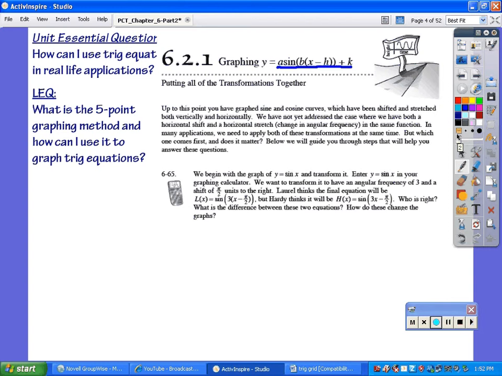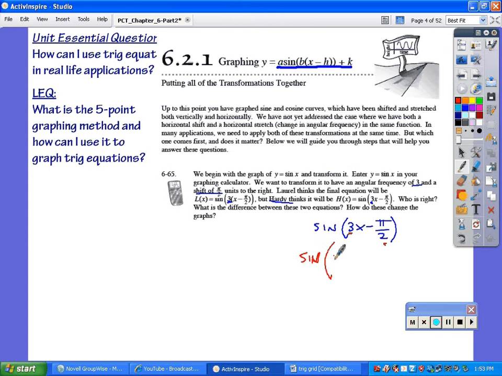However, the other thing we need to take a look at is, if we are looking for an angular frequency of 3 and a shift of pi over 2 units to the right, we need to make sure that this angular frequency is factored out of the equation. So over here in Hardy's equation, he has the sine of 3x minus pi over 2. If we convert that to graphing form, we need to factor a 3 out of both of these terms.